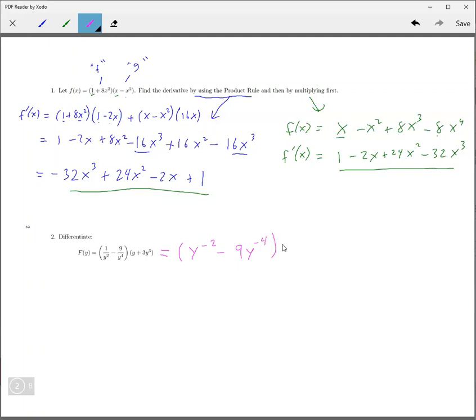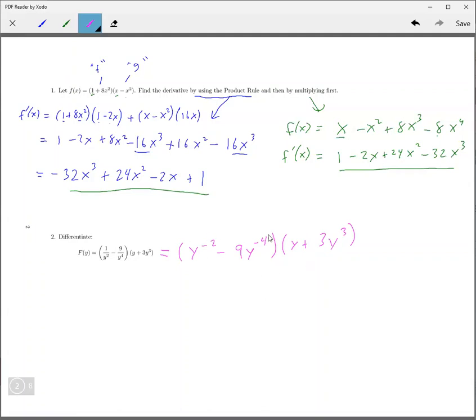So 1 over y squared is the same as y to the negative 2. 9 over y to the 4th is the same as 9y to the negative 4.